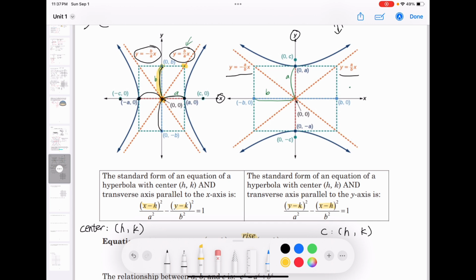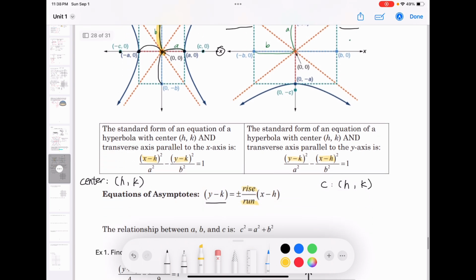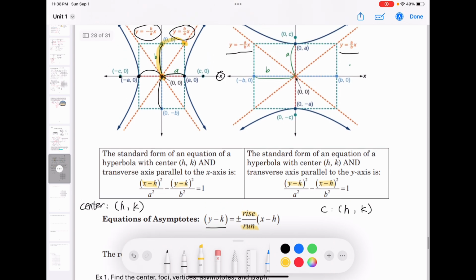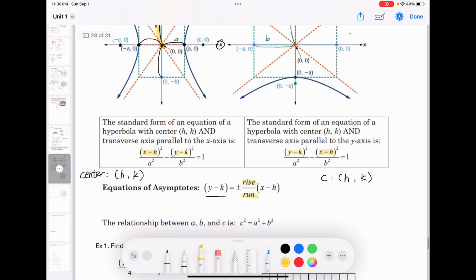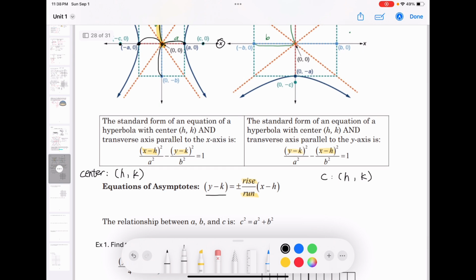We go up b unit and then run a unit. This is rise over run. So we have plus or minus b over a times x. So the slope is plus or minus b over a.